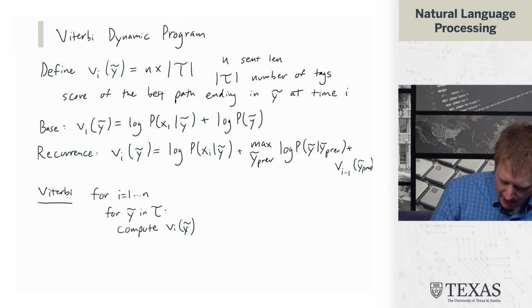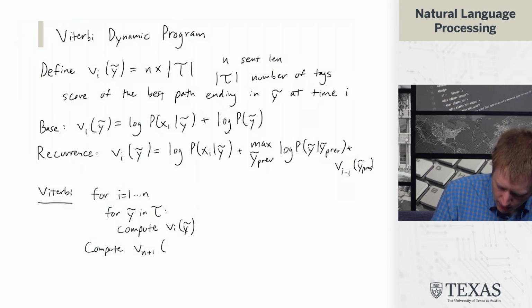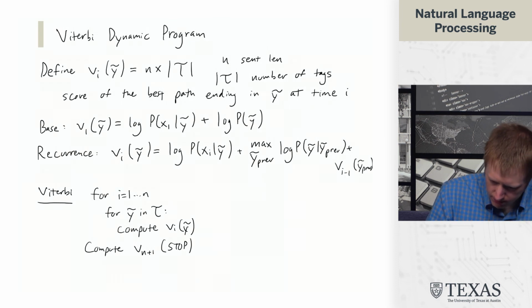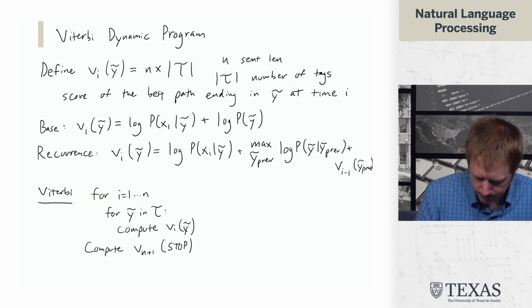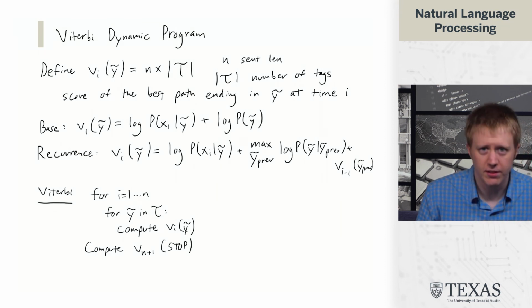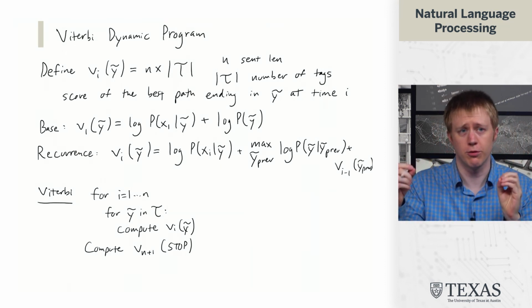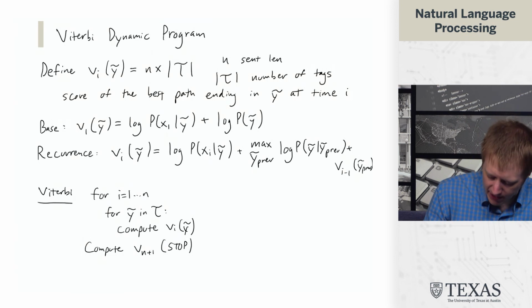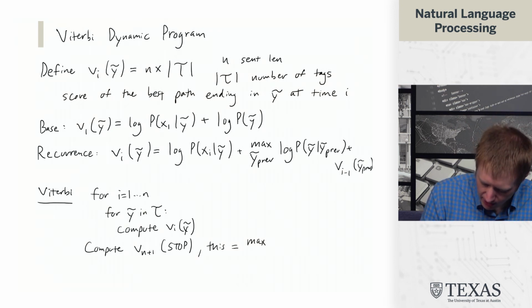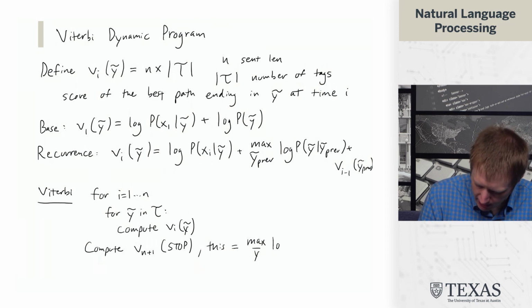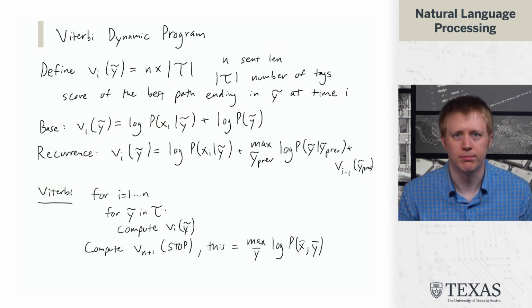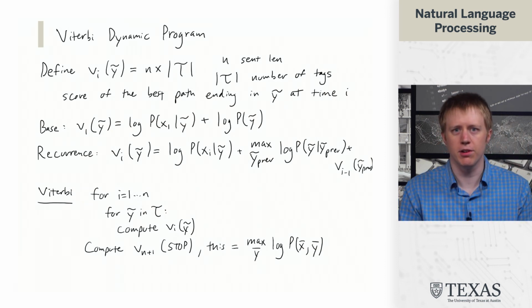And then at the end, you basically have to push things forward and account for the stop symbol. And then this equals the max over y of log p of x comma y. And so that's the result that we want.